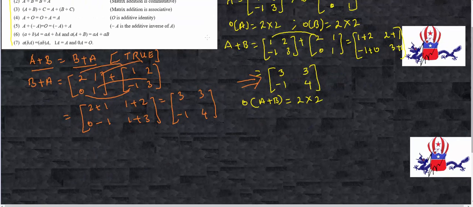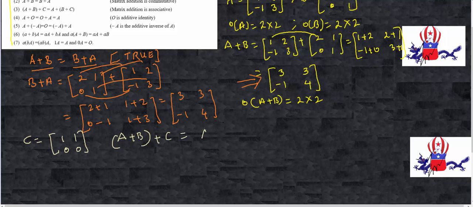Now moving on, the third property talks about matrix addition being associative in nature. To explain that property, I need to take one more illustrative example, matrix C as 1, 1, 0, 0. Now we are going to check if A added with B, added with C, would give the same result as A being added with B plus C. Let me start by considering the left hand side first. On the left hand side we have A added with B, which we found as 3, 3, -1 and 4.